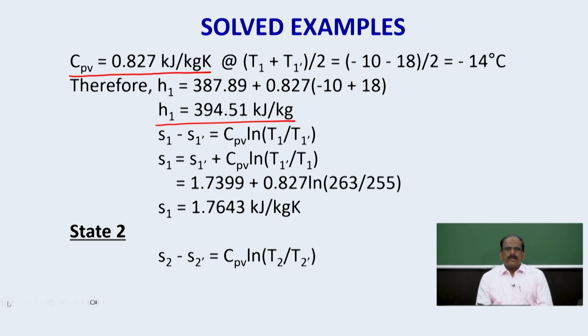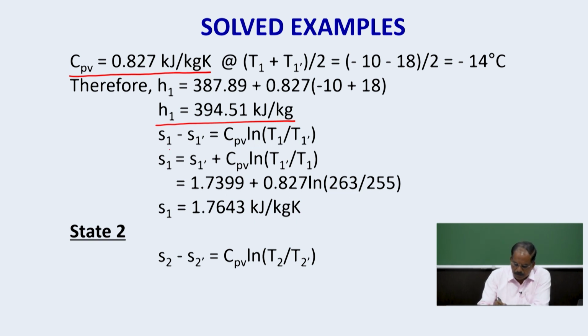In order to find the enthalpy at 2, we will be considering the isentropic process 1 to 2, where we will use a similar relation which helped us in the previous problem, where we found the temperature of the refrigerant at the superheated condition. There it was 2 to 2 dash, here it is 1 dash to 1.